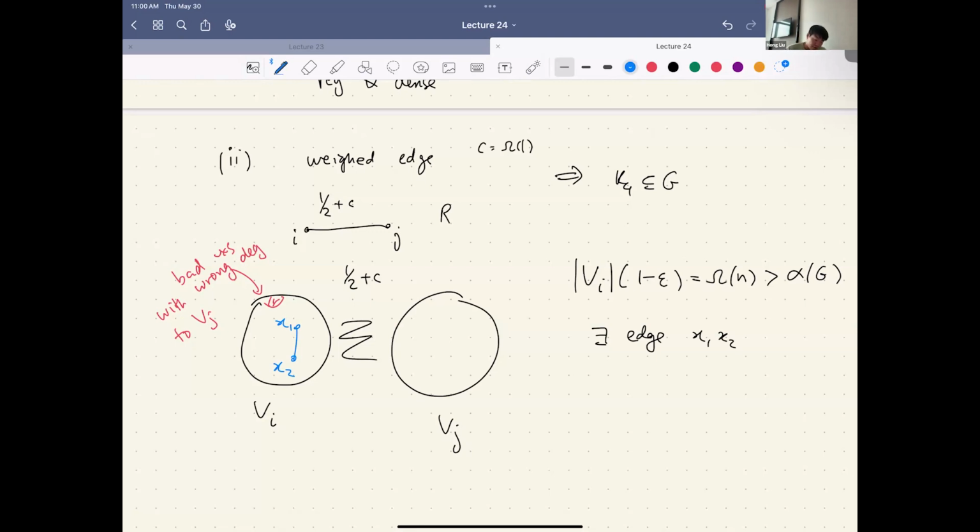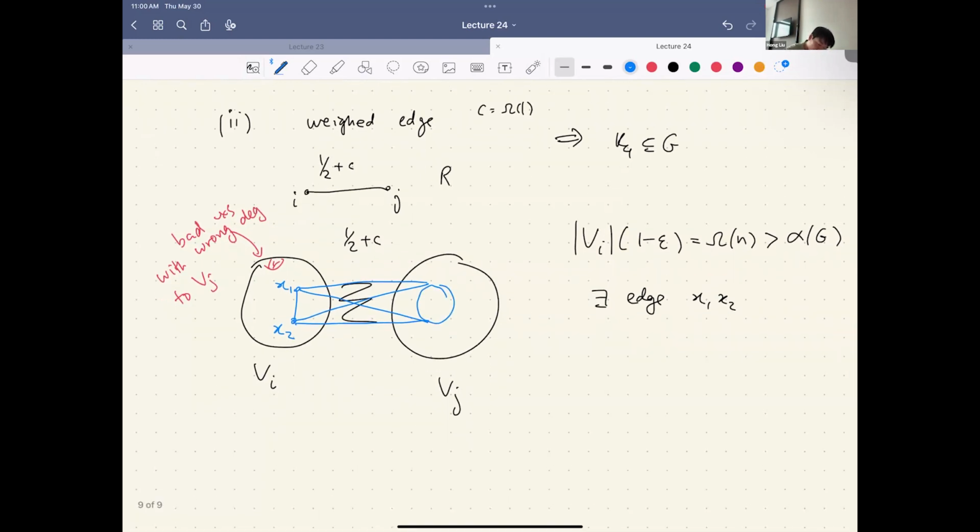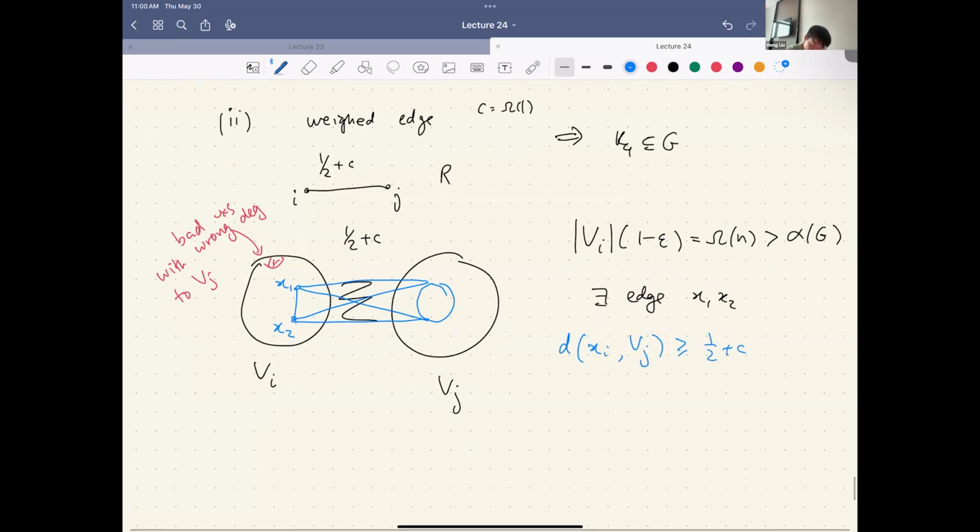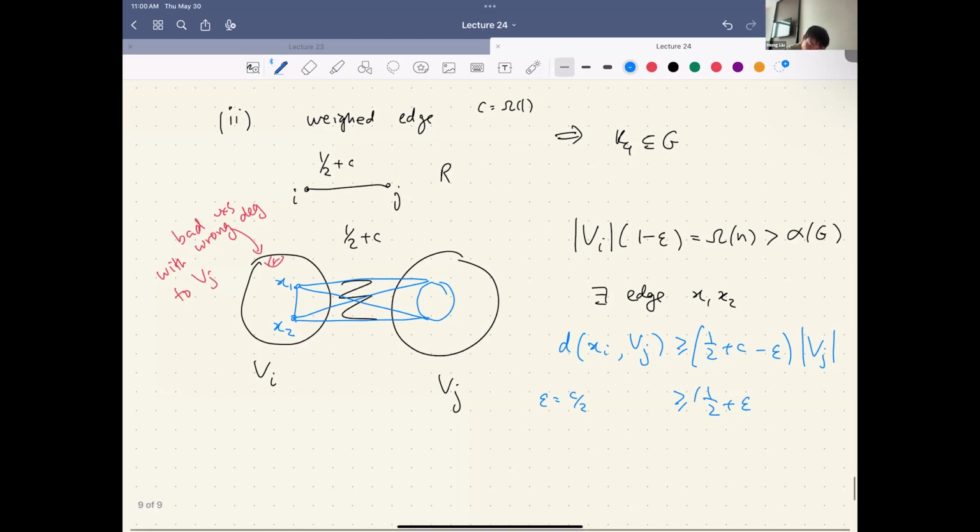What does it mean, typical vertex? That means the degree of xi in Vj is at least 1/2 plus c minus epsilon times |Vj|. And let's just say I take epsilon to be c over 2. So this is at least 1/2 plus epsilon times |Vj|, right?